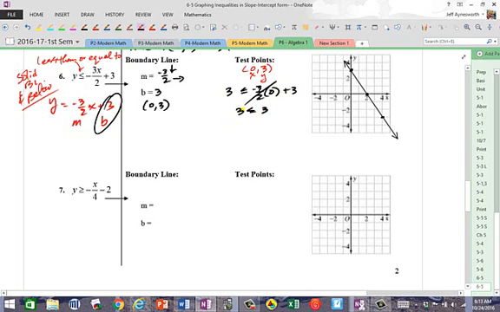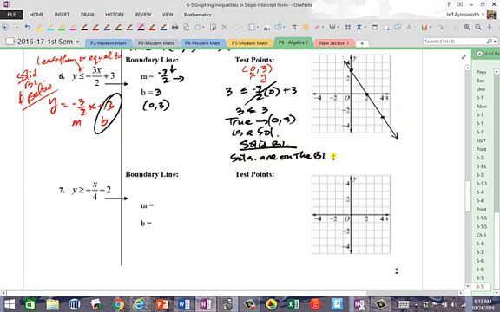So that means that (0, 3) is a solution. And that means that we have a solid boundary line. Okay, so I'm not going to make it dotted. I'll make it solid. Why? Because solutions are on the boundary line. That's what this tells me.